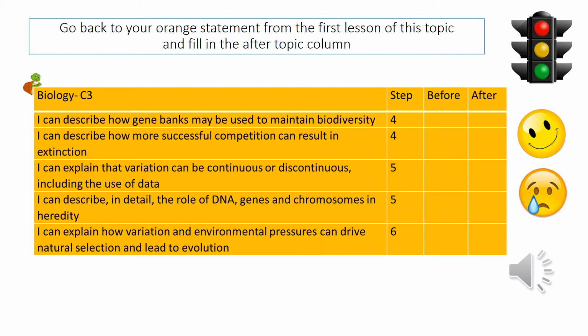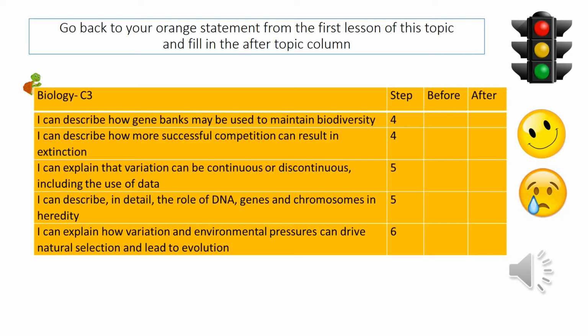So at the start of this topic, we filled out our orange statement. So go back to the lesson at the start of the adaptation and inheritance topic, and you will find this list of statements, and then you RAG them. So you filled out the before column. What I want you to do now, exactly like we do in lesson, is fill out the after column.